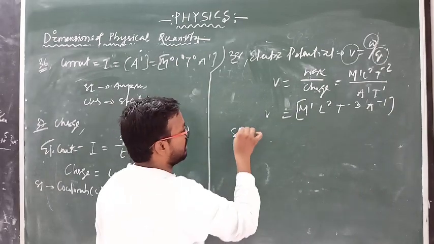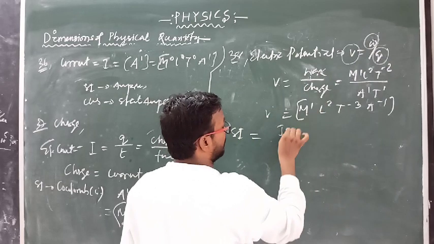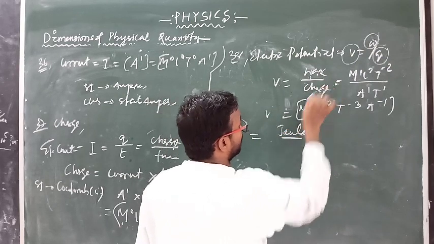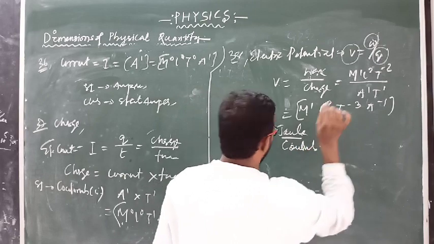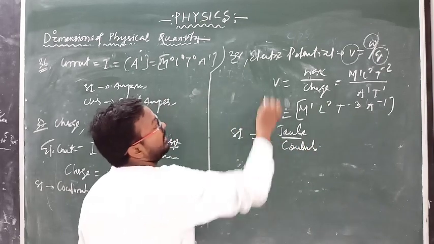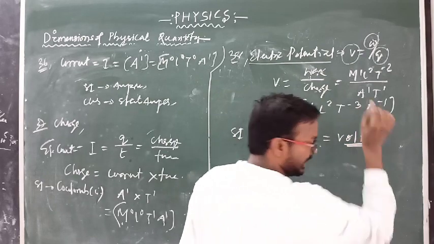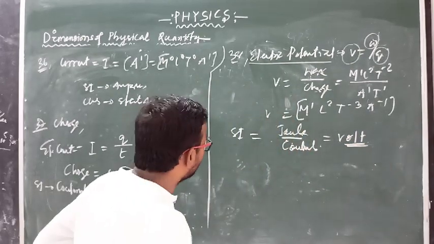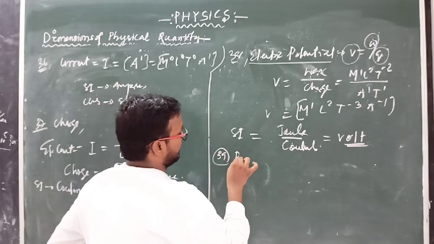Clear? And its SI unit, work by charge equal to joule per coulomb, is the unit of electric potential, or simply you can say volt. Clear? Okay.